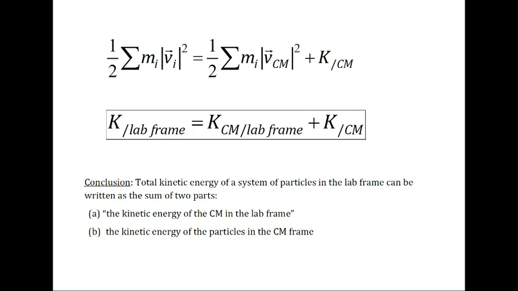And what do we mean by the kinetic energy of the CM itself? I have put this term in quotes over here, that kinetic energy of the CM, because the CM is not a particle, it's not a real particle, it's not a real body as such. But if you consider the entire mass of all the particles concentrated at the CM, and obviously the CM has a particular velocity, and you calculate this product, half m, this is the total mass.